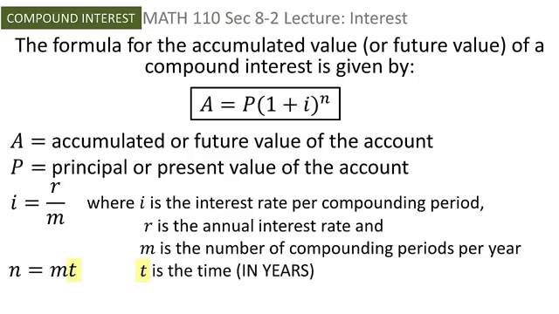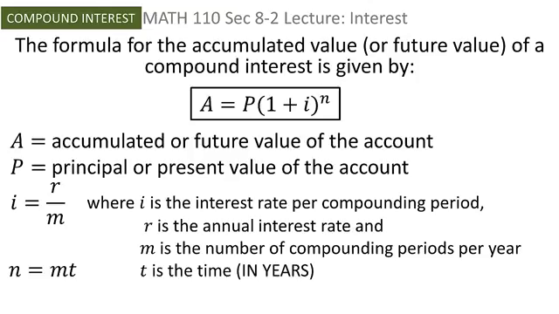And finally, little n is the number of times the interest is paid, and it's easy to see that it's going to be the time in years that you keep the money in the account multiplied by how many times it's compounded per year. So little n is m times t.